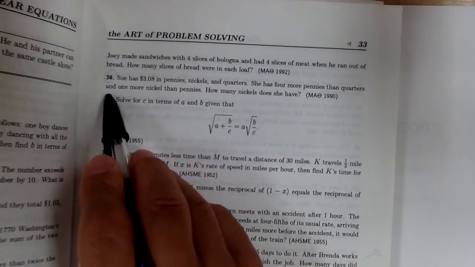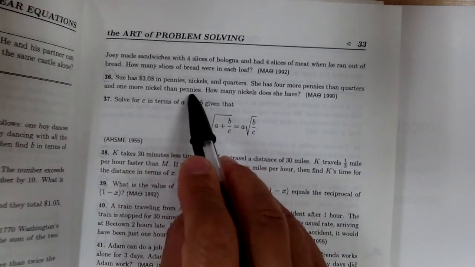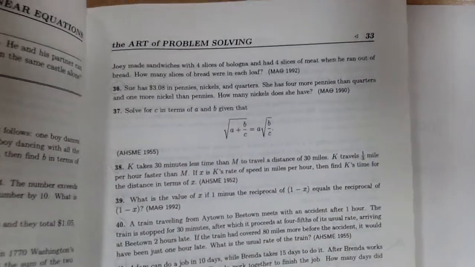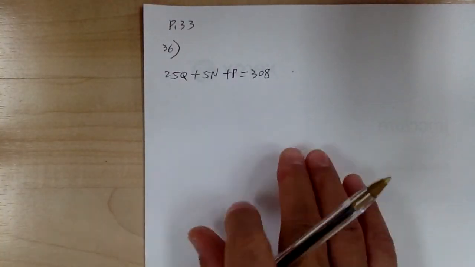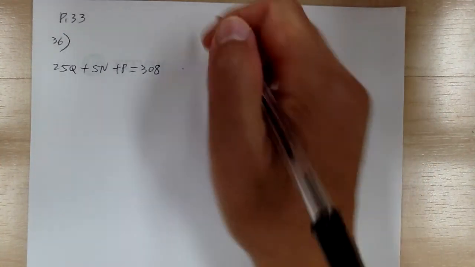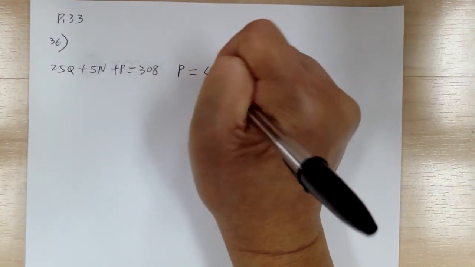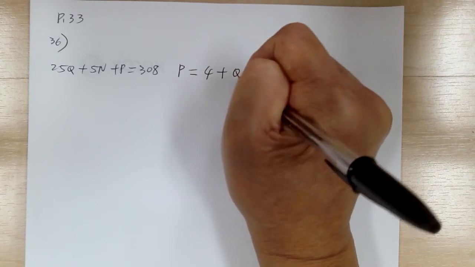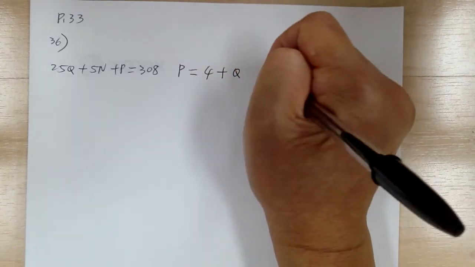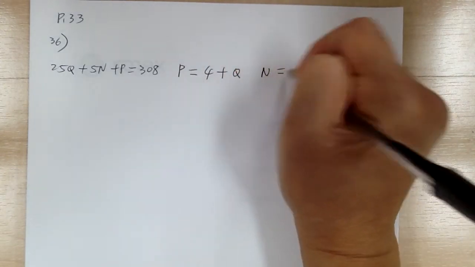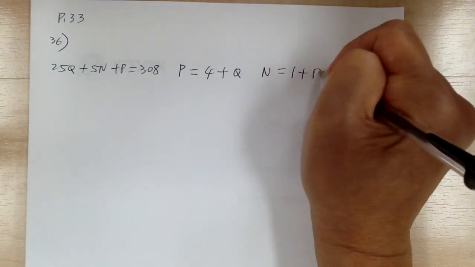So nickels is 1 more than pennies. Okay, so that's how you translate this kind when you have a comparison. So pennies is 4 more than quarters, and then after that, nickels is 1 more than pennies.